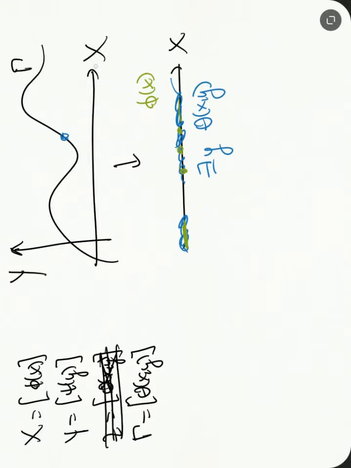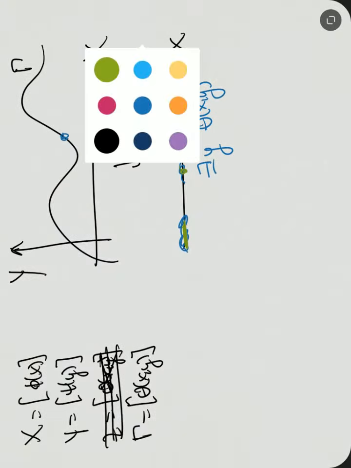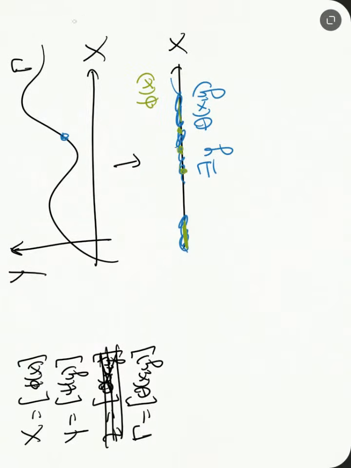Maybe I shouldn't have written it as x. I should have written it as one copy of affine space, A^N, or A^M or something.